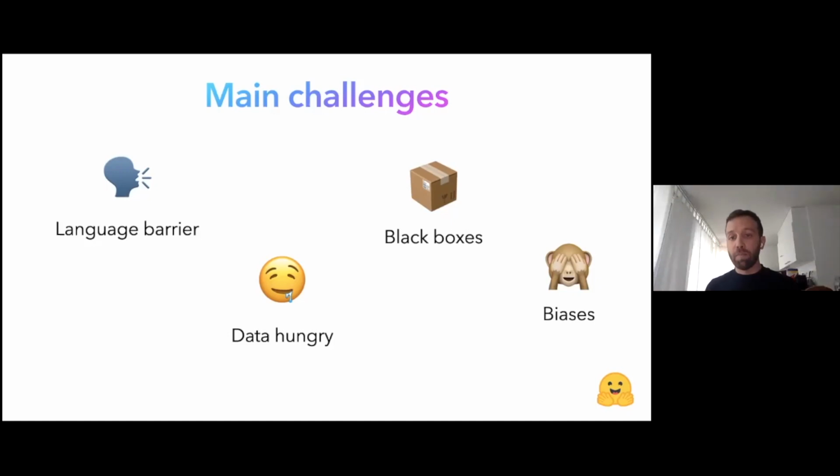And the last thing is that these models have been trained on large corpora from the internet, these web crawls. The data from the web usually contains a lot of, for example, racist examples, and these get imprinted during the pre-training process.